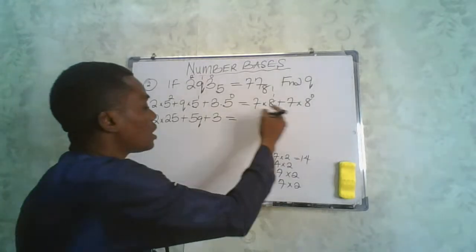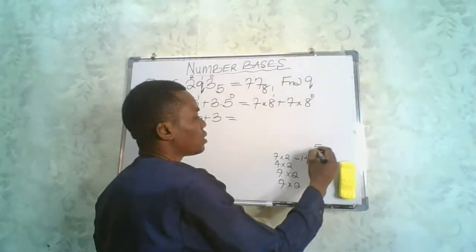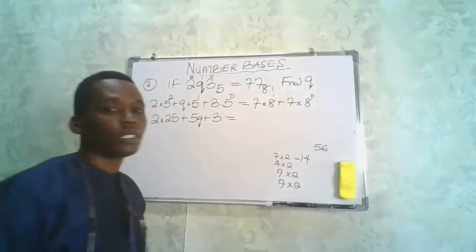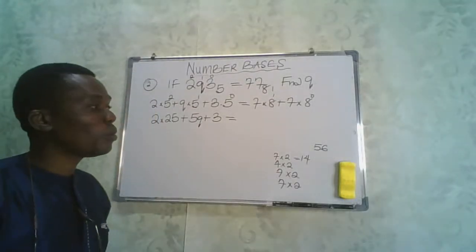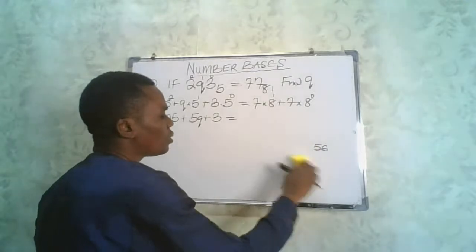So that means 7 times 8 is going to give us 56. Good. So that is going to give us 56.